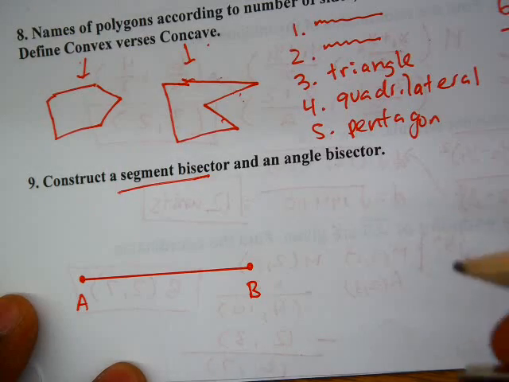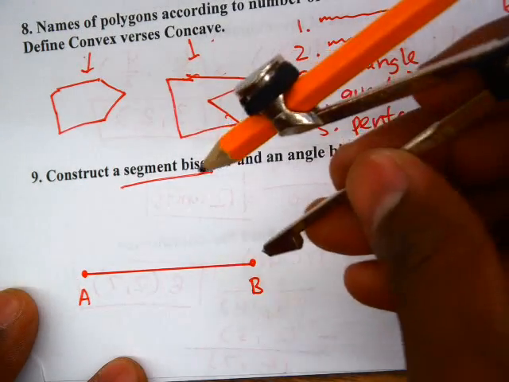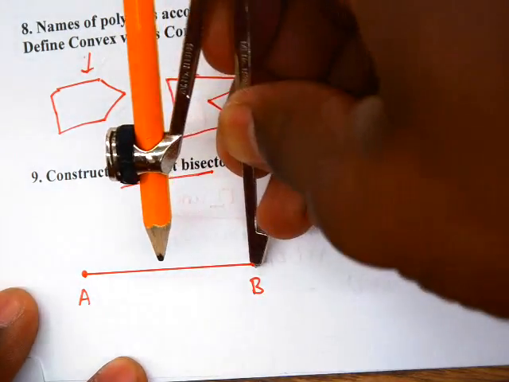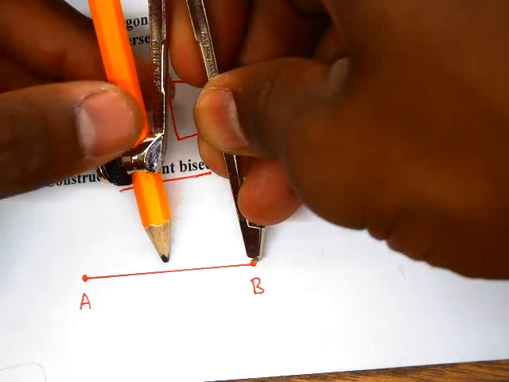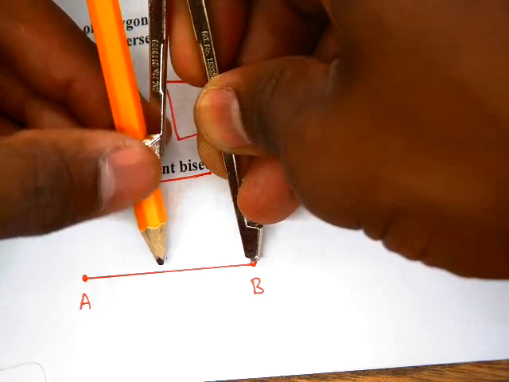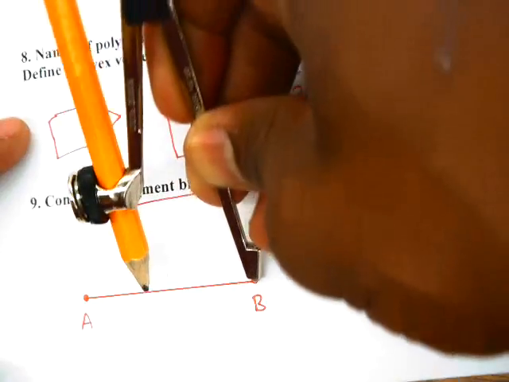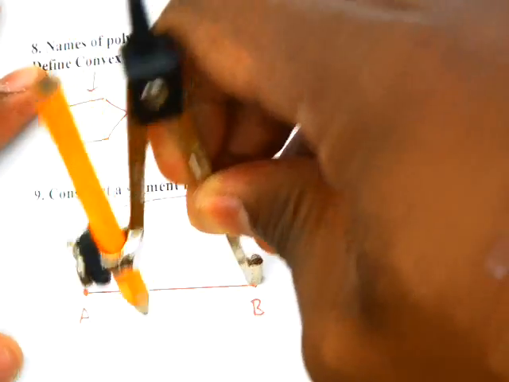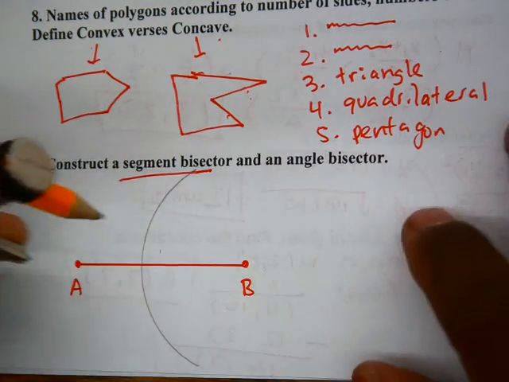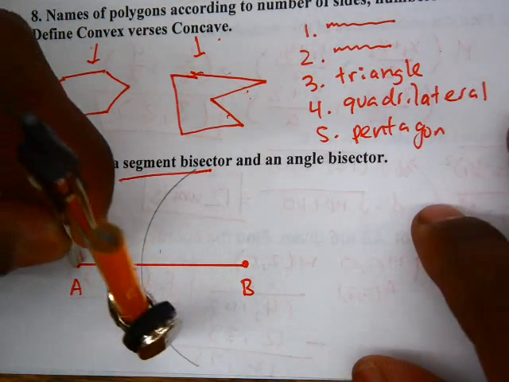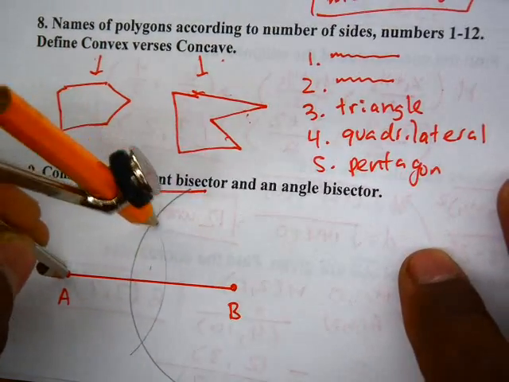So I take my compass, put the sharp point at one of my endpoints. I make sure I open my compass to more than half the length of the segment. This is really right on the nose, about half, so I'm going to open up a little bit more. Then I do this giant sweeping half circle. I keep my compass open to that same amount, and then I flip it around and do another giant sweeping half circle.